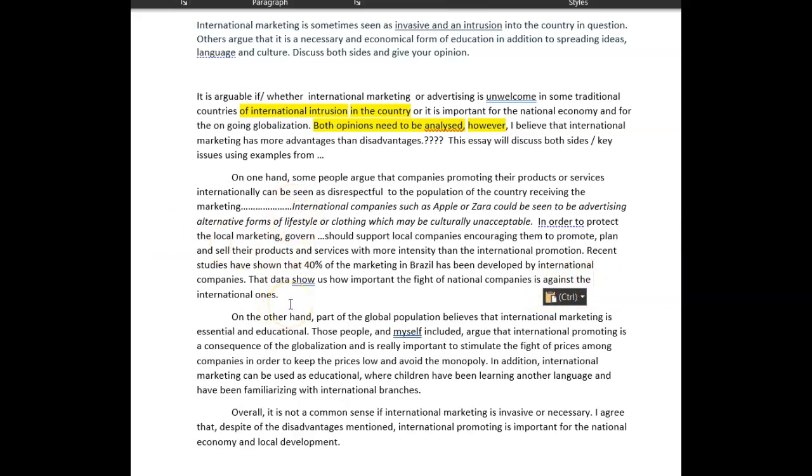On the other hand, part of the global population believes, I wouldn't say part of the global population, I mean, that's a bit big, yeah?